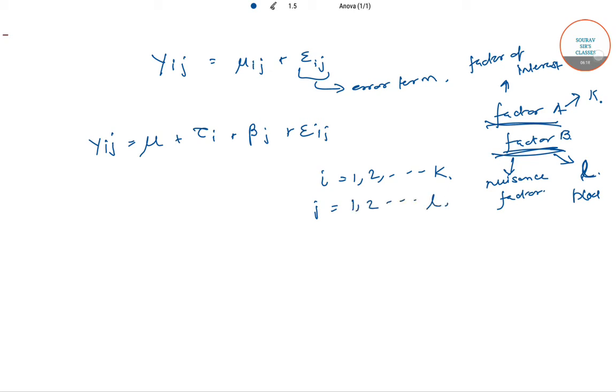So here this mu is the overall effect present in all observations.